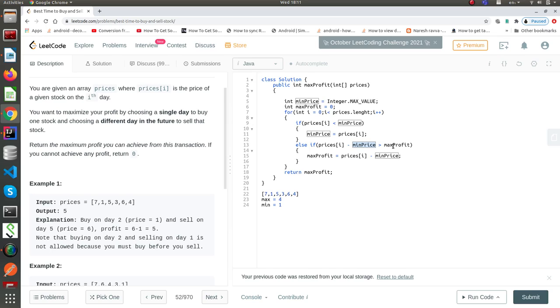Is 2 greater than the max profit, which is 4 currently? No. Then i becomes 4, and the value is 6. Is 6 less than 1? No, so 6 minus 1 is 5, which is greater than our max profit of 4. Yes it is, so now the max profit will become 5.